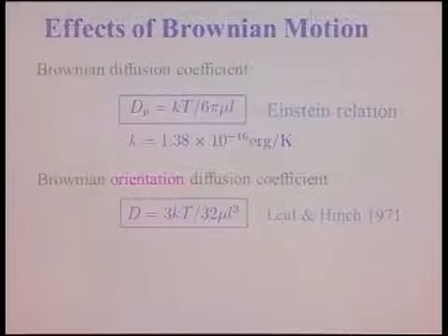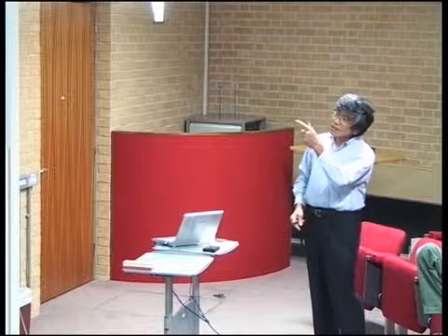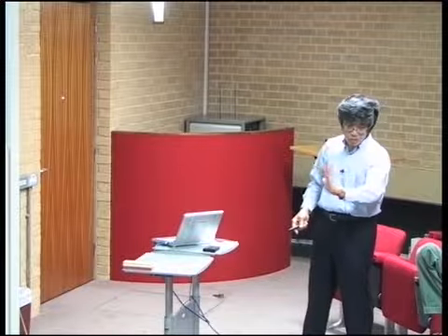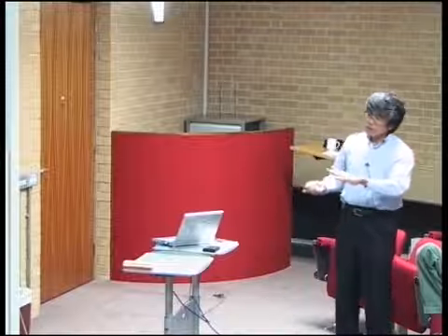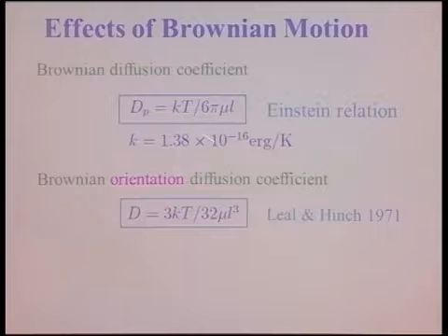And the diffusion coefficient of Brownian motion is known. There are two diffusion coefficients. One is diffusion of the position of the particle, and the other is diffusion of orientation, the effect of Brownian motion on the orientation. Many people know this; some people know both.